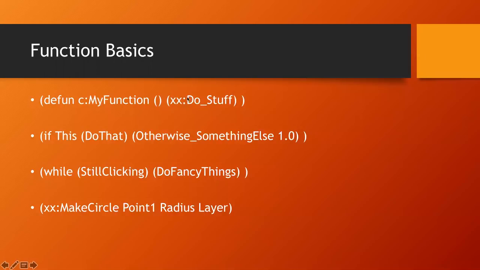And that indicates that it's not an AutoCAD function that's built in. It's my own creation. So it's very immediately understandable and readable, and it'll never conflict with anyone else's AutoLISP because that should be unique to you. So this is just very quickly an example of the user could type my function at the command line, and it will call this custom function that you've done that does any number of things.